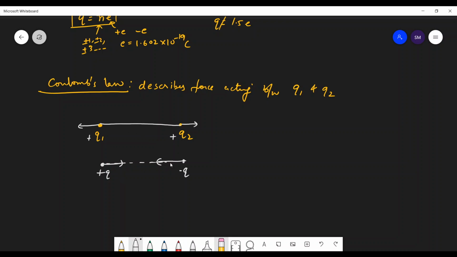That's important. Now, how much is the force? The force applied on this is the force on 2 due to 1, and here the force on 1 due to 2. By Newton's third law, these forces are equal and opposite.